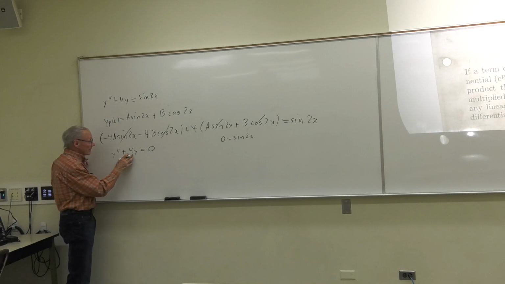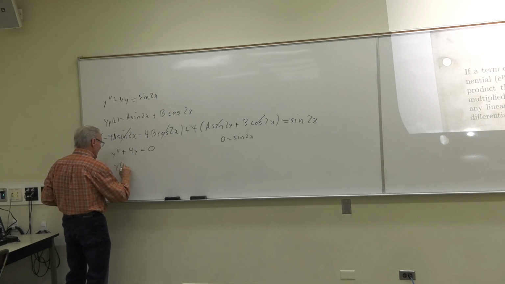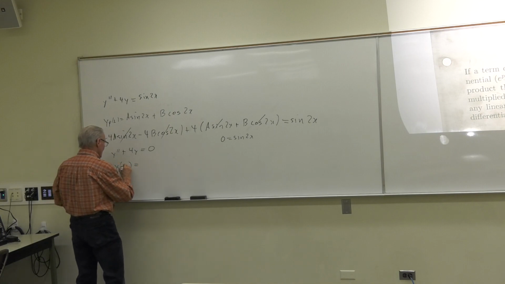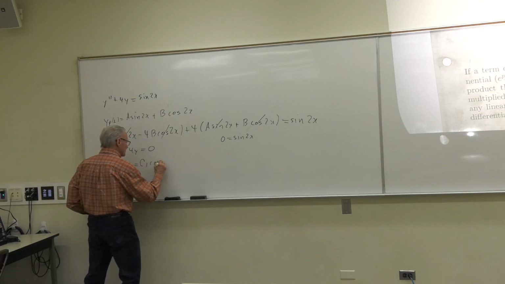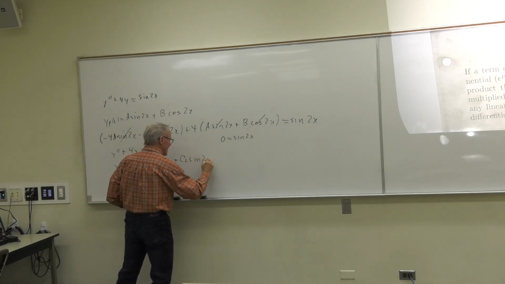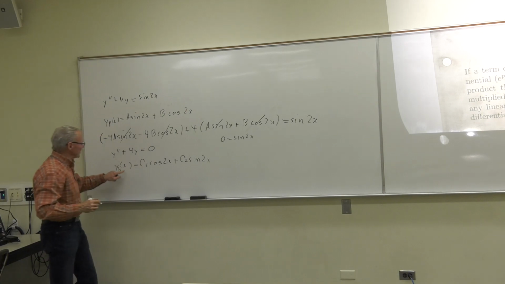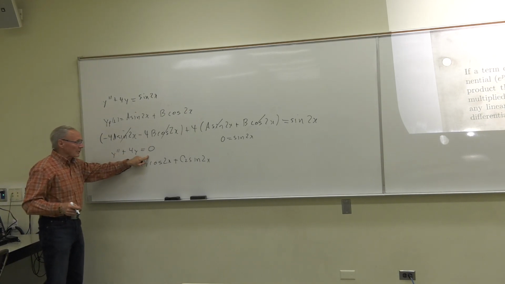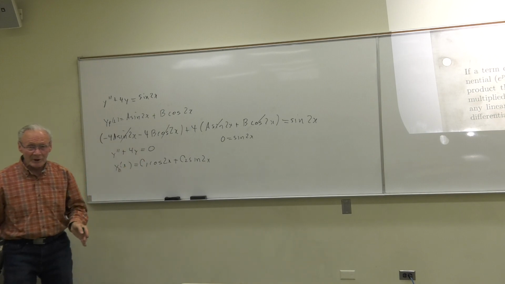Or you can say the auxiliary equation is m squared plus 4, m equals plus or minus 2i. Therefore, y of x, let's call it y sub h of x, is equal to c1 cosine 2x plus c2 sine 2x. That's a general solution of the associated homogeneous equation, going through the auxiliary mentally or just looking.